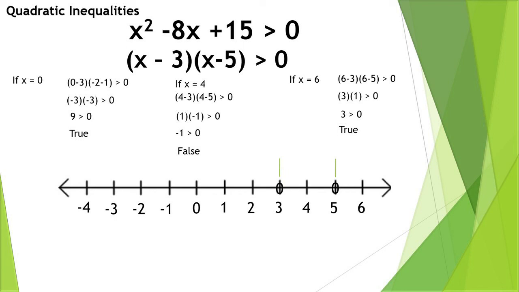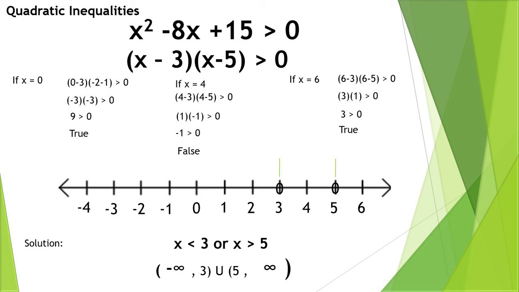So what are the solutions of the inequality x squared minus 8x plus 15 greater than 0? Since 0, negative 1, negative 2, negative 3, negative 4 are solutions of the inequality, it means that all numbers less than 3 are solutions of the inequality. So it means x is less than 3 or x is greater than 5.